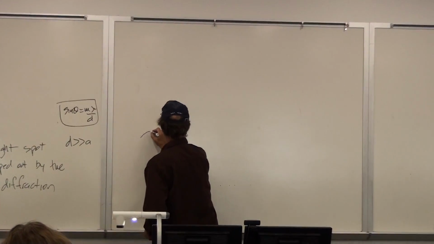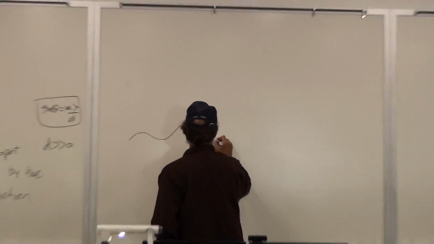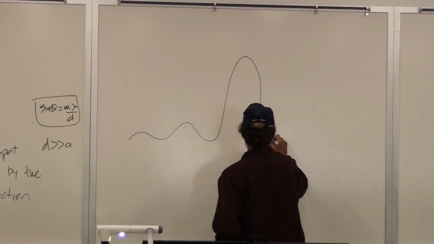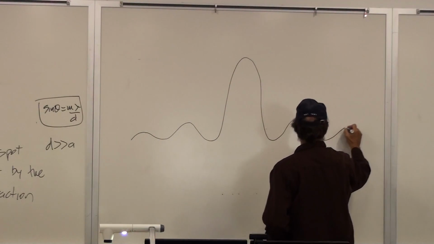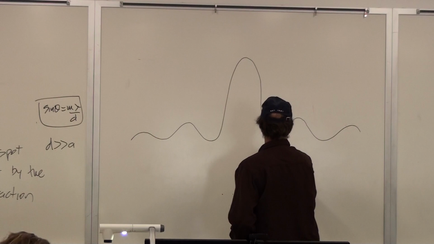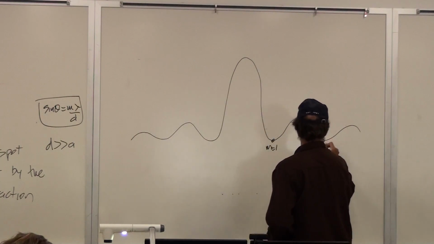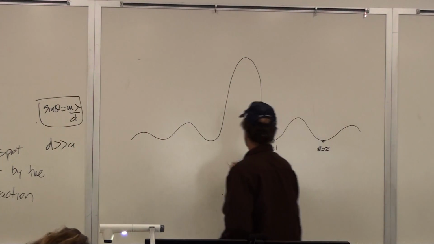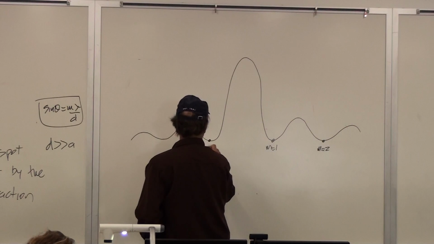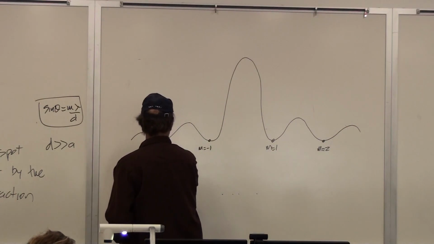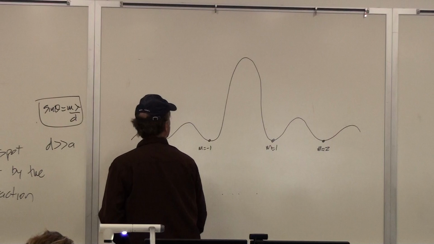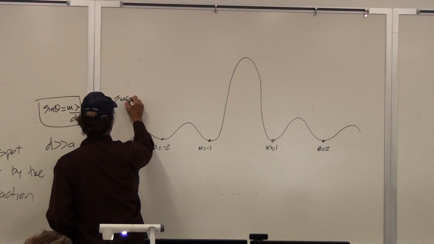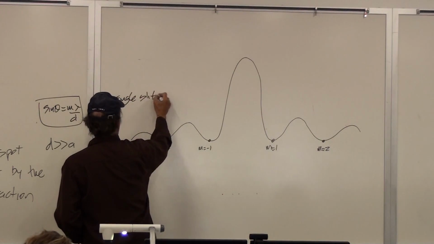So this is our single slit. This would be m equals 1 dark spot, m equals 2 dark spot, m equals -1 dark spot, m equals -2 dark spot. This is the single slit pattern.